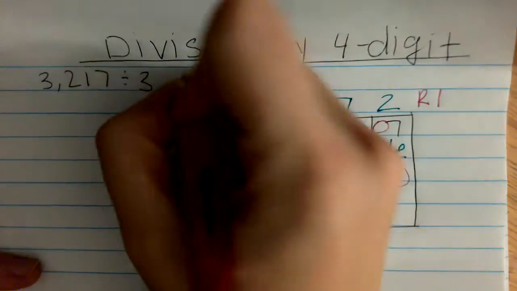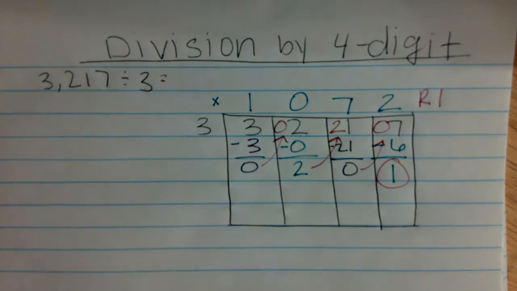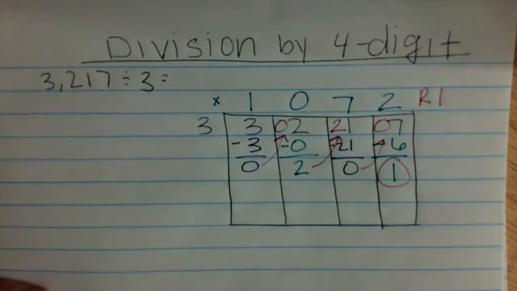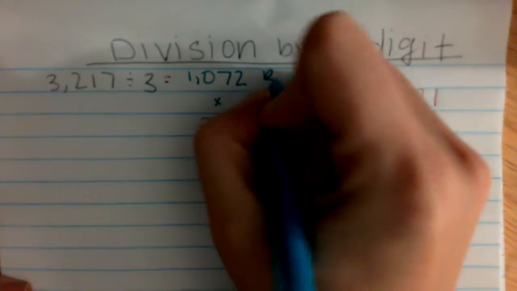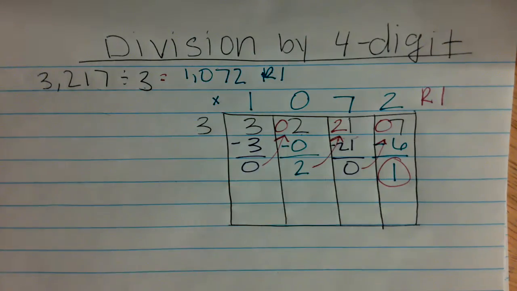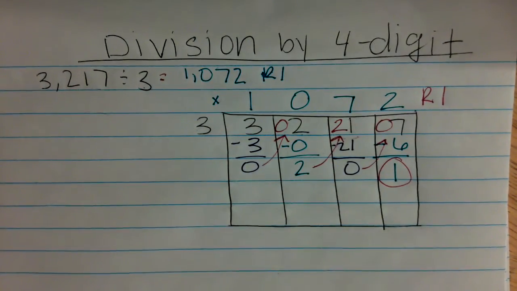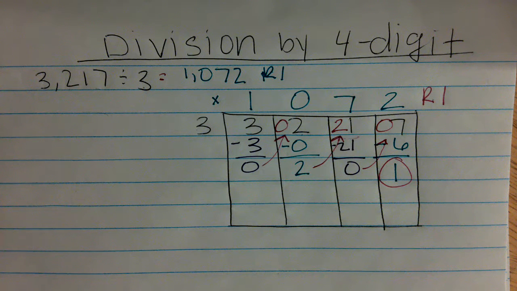So my answer is this right up here. 1,072, remainder 1. That seems pretty simple. Now let's try another one, but doing the standard algorithm.